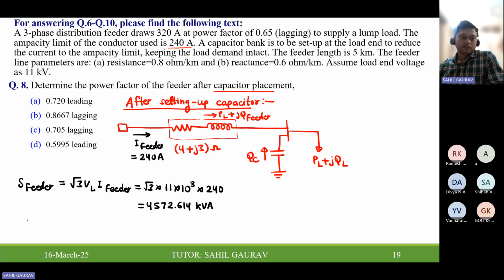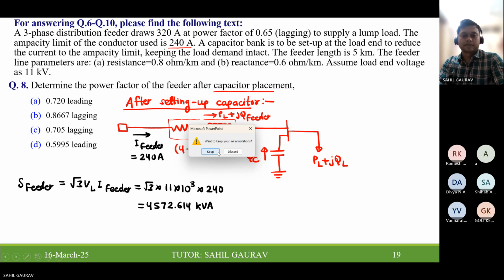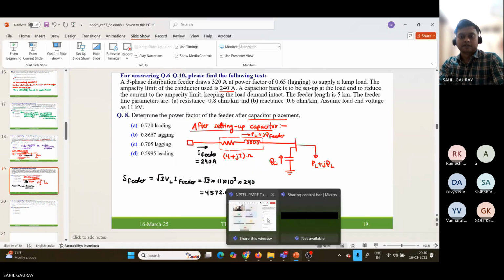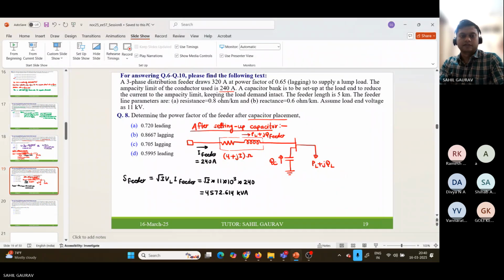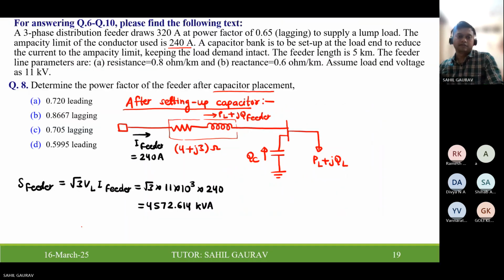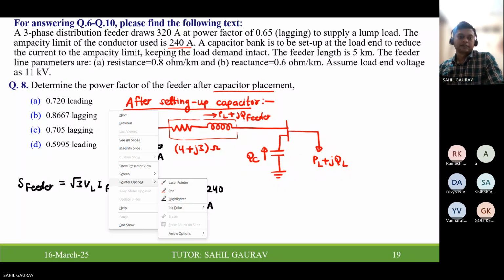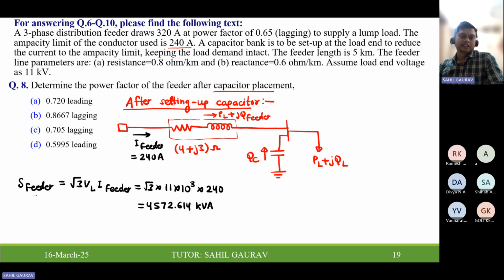Now here also, because you know two quantities, S feeder and P feeder, because PL is the same, you can find cos phi with the help of the power triangle. But let me find this Q feeder first.